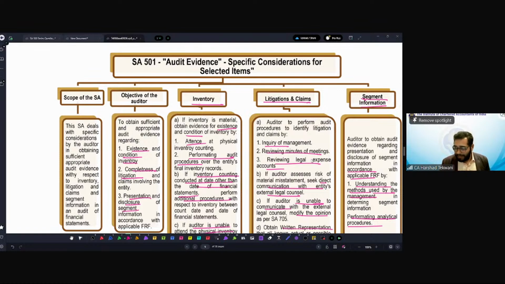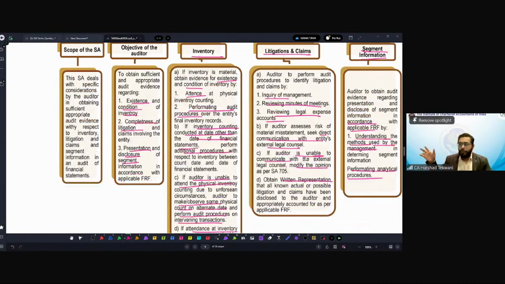Sir, in segment information, for performing an analytical procedure, what procedure do we need to follow, where do we need to perform? See, analytical procedures, let's say for example, in segment reporting, you report numbers of various segments. Let's say I know I can do a reasonable check. Let's say I know that the sales of this particular segment is 40% of the total sales.